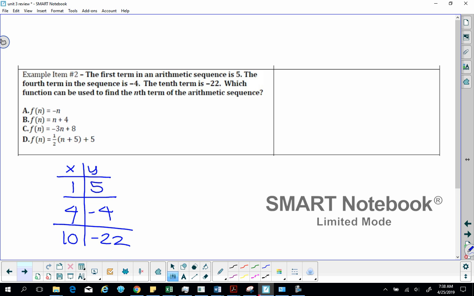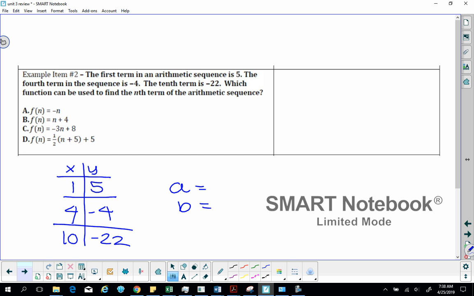Now, there's a lot of different things I could do. I could use my answer choices and put them into the table in your calculator and figure out which one gives you a table that looks like those numbers. You also learned how to do line of best fit on your calculator, where you type your x's into L1 and your y's into L2, and you get a equals and b equals.